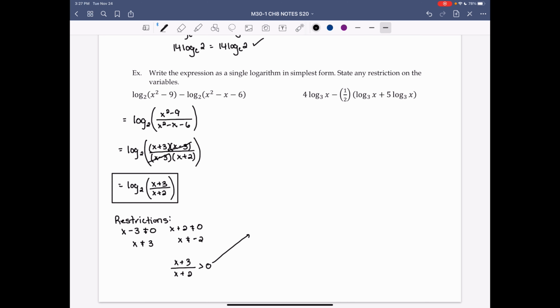If the top and bottom are positive, so x plus 3 is greater than 0, that means x is greater than negative 3, and x plus 2 greater than 0 means x is greater than negative 2. This was for both positive.